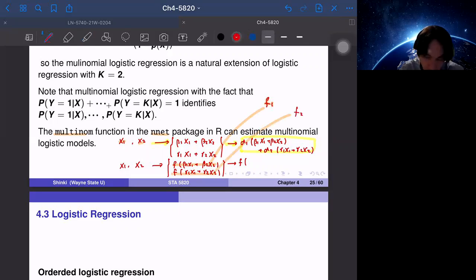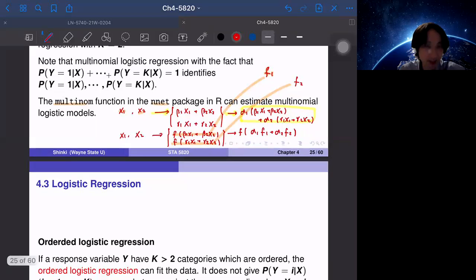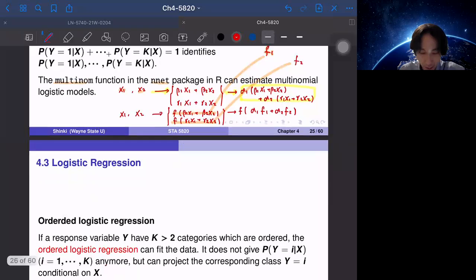Then we take f of (delta 1 times f1 plus delta 2 times f2). This f is the logistic function, a complicated function. If we use this function twice, we create an even more complicated function that can possibly explain more complicated information. That is the idea of the neural network: make things unnecessarily complicated so that we can possibly explain more complicated situations.